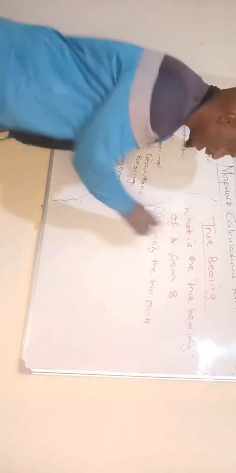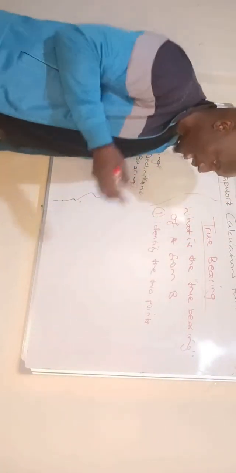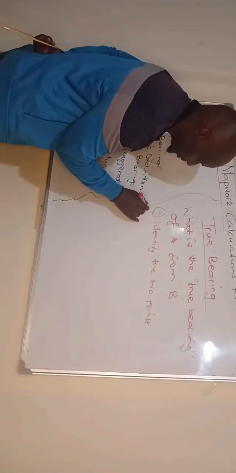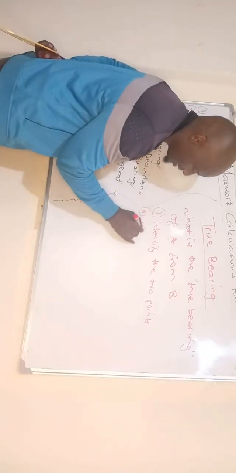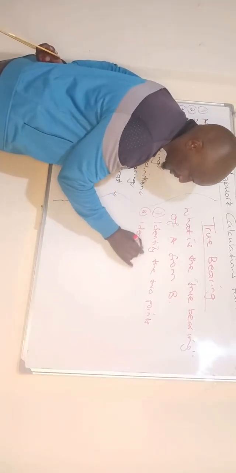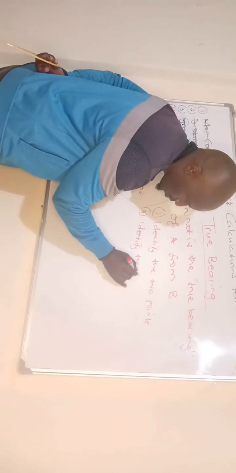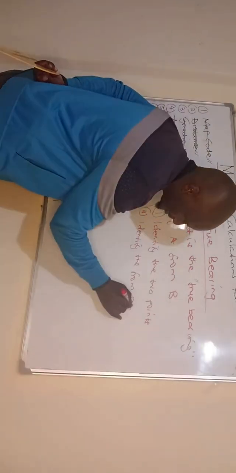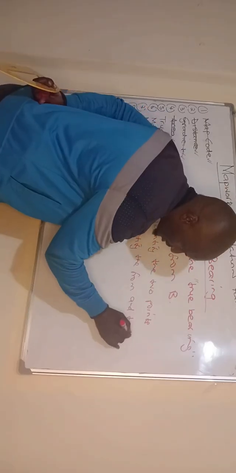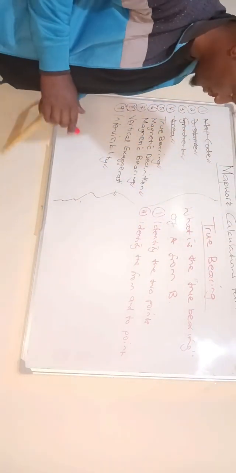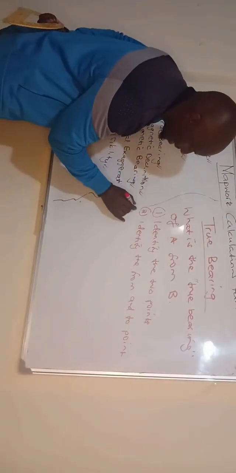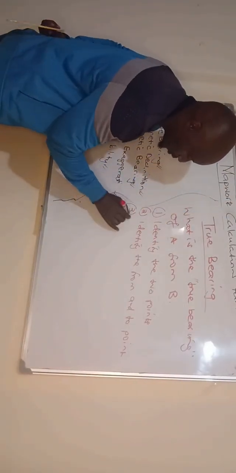We have got A and B. I'm going to write them. Then number 2: identify the from and to point. Okay. Then number 3, what do we do?